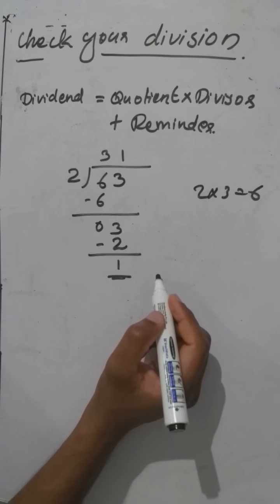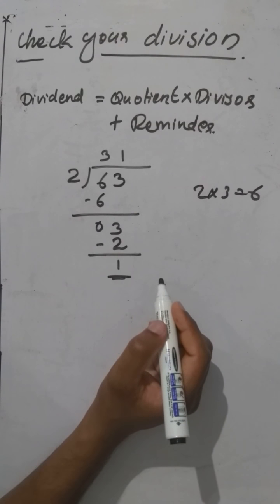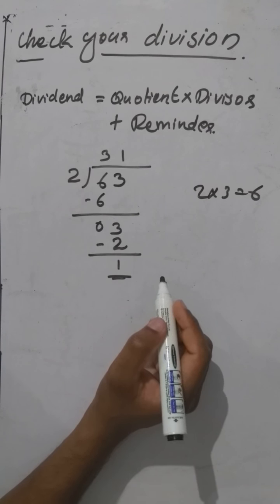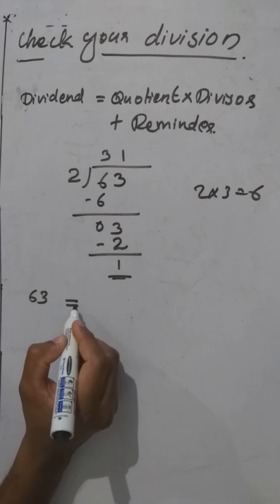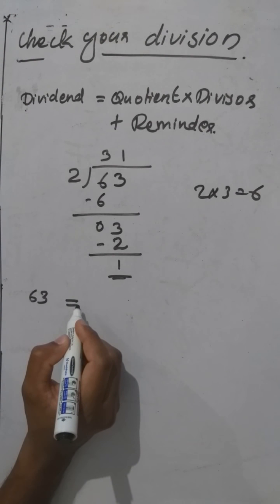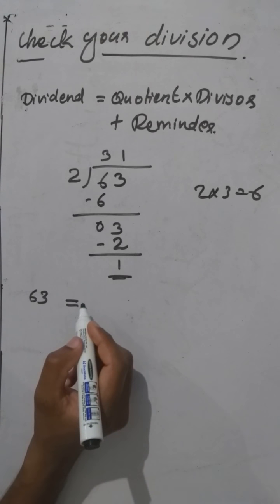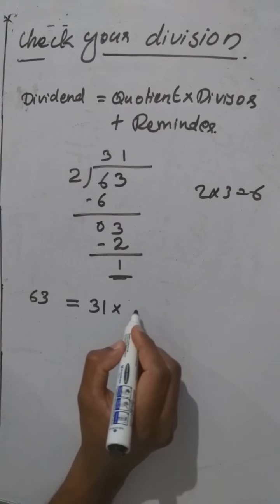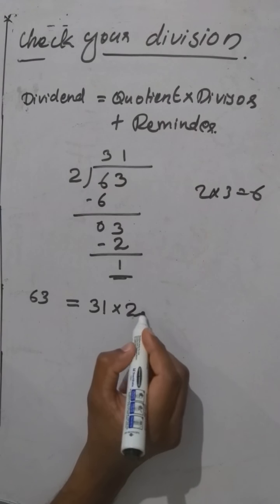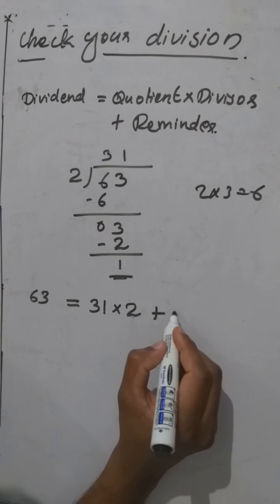And now let's check whether our division is correct or not. What is the dividend here? 63 must be equal to the product of quotient and divisor plus remainder. What is the quotient here? 31, multiplied by divisor 2, and the remainder is 1.